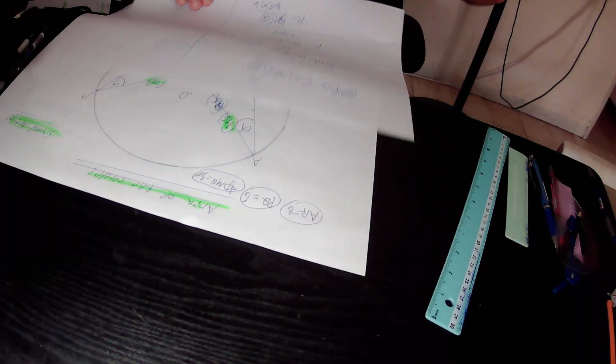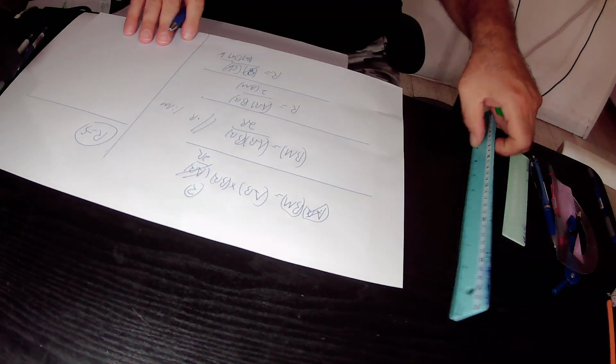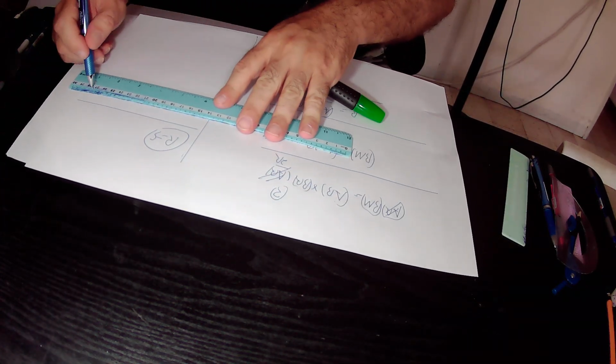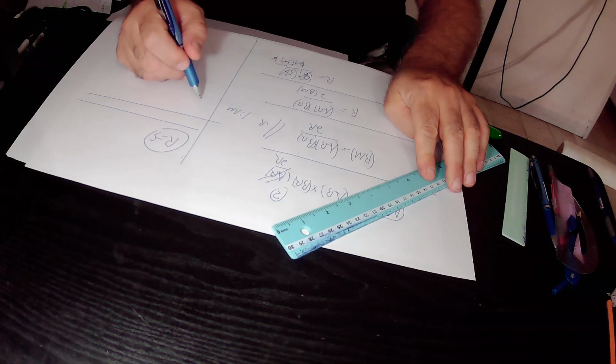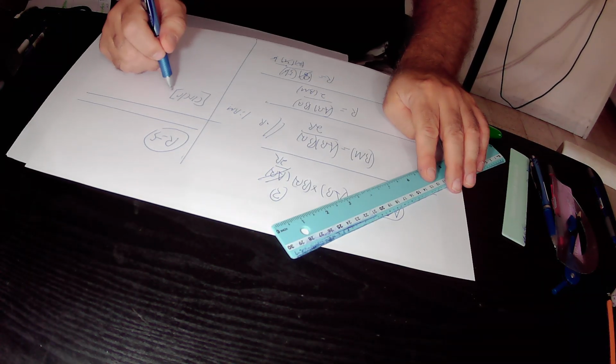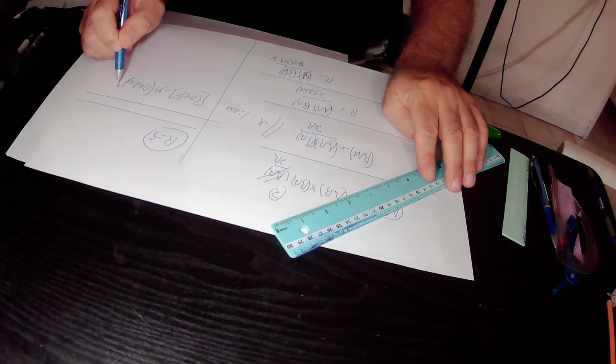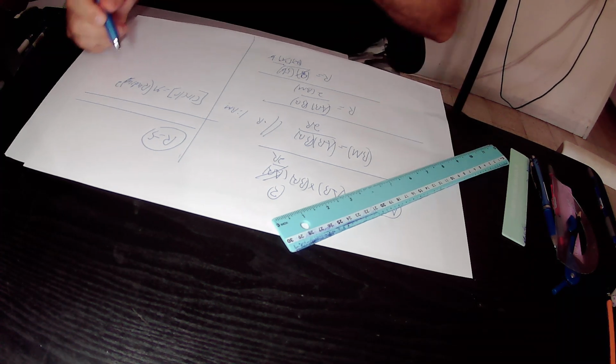Our task is to find out the area of this circle. So actually we know that the area of any circle equals pi times the radius of the circle squared. I repeat again, the area of any circle equals pi times the radius squared.